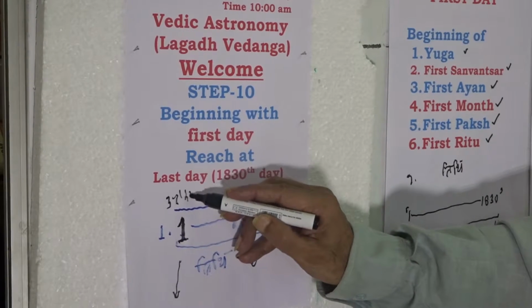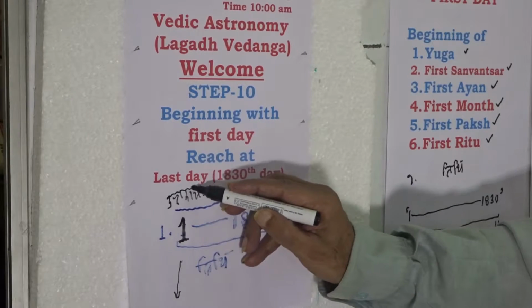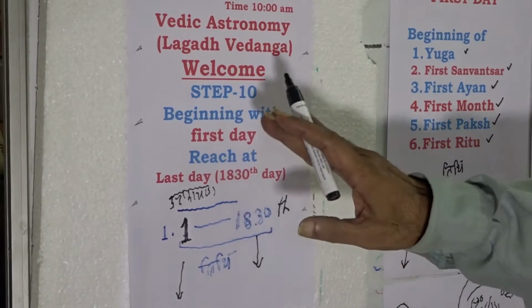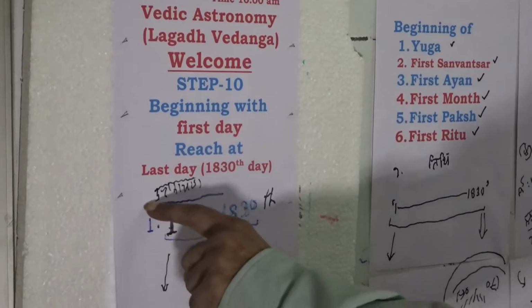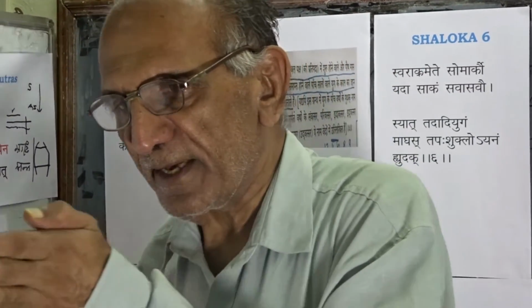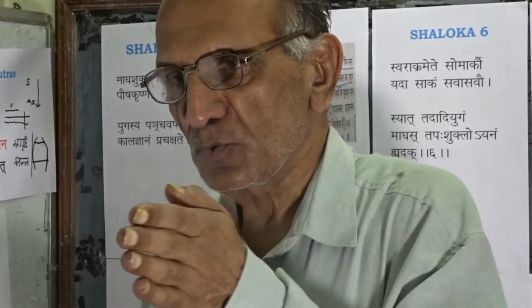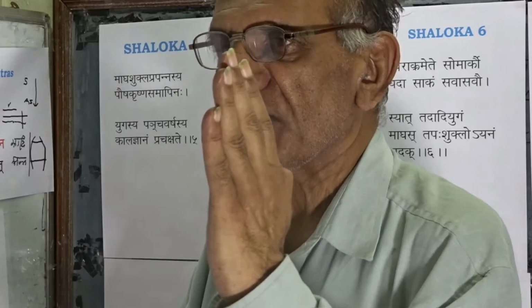Therefore, it is a feature to be noted with specific attention that the Lagd Jyotish Vedanga begins the first day as the first day of the Uttarayana. So first ion, first hemisphere is Uttarayan. We will begin with Uttarayan, the first day of the Uttarayan.